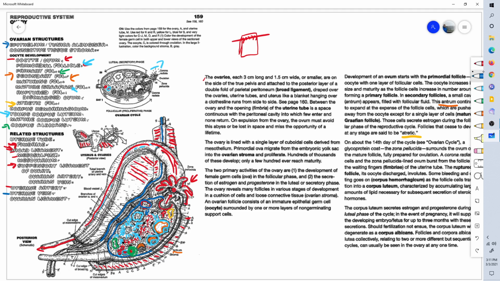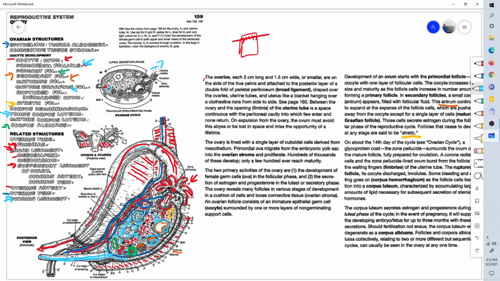And then, of course, the artery bringing blood to the ovary, underneath the ligament here. There's a ligament that holds the ovary in place called the ovarian ligament, right down here, connecting underneath the broad ligament. That's the ovarian ligament.